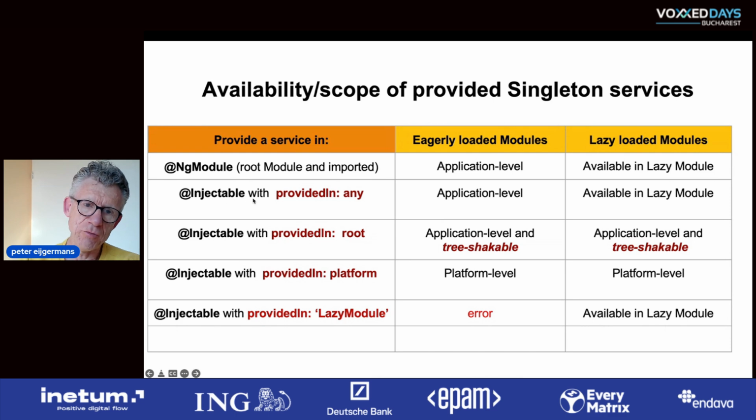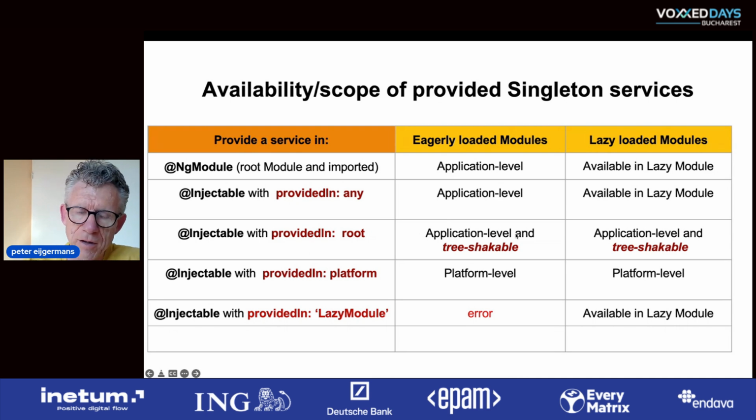When you use Injectable with providedIn any, then it is application-wide available. But for a lazy loaded module, it is only available in the lazy module. When you use providedIn root, you've seen it already, the service is visible at application level.